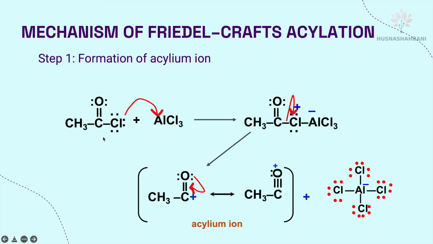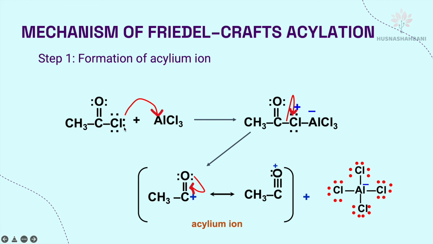First, this AlCl3 Lewis acid catalyst will react with this acyl chloride. As I've mentioned before, this AlCl3 is an incomplete octet. The Al has 3 bonds only, so that makes Al the electrophilic site. This Cl is the nucleophilic site.